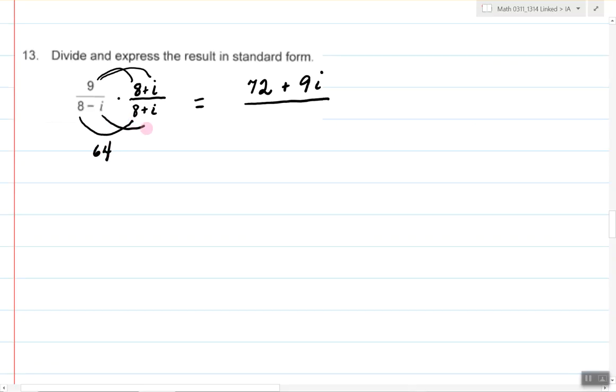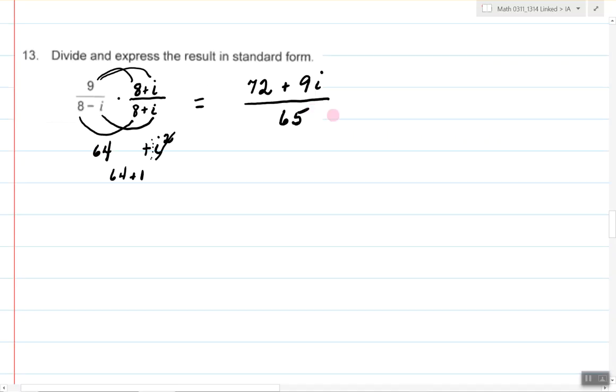I will multiply the last for negative i squared. But remember, there's an invisible 1, negative 1 there. That i squared goes, changes the sign. This product is 64 plus 1, which means the denominator is 65.